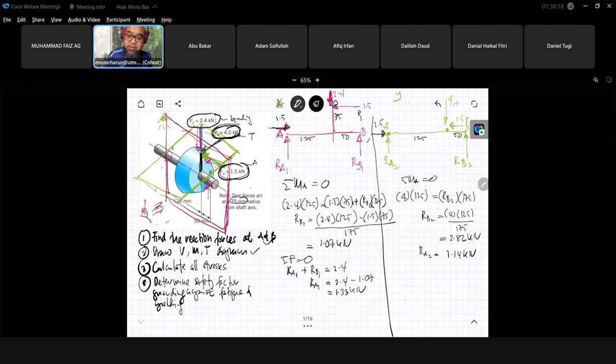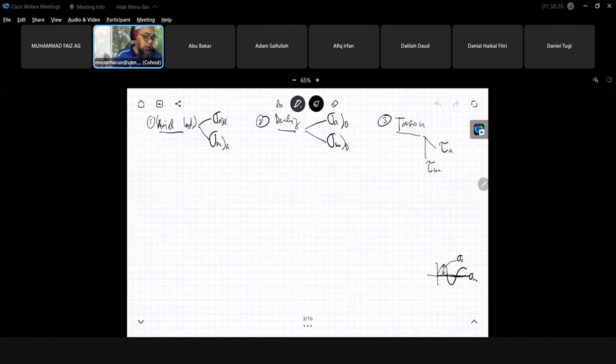Same as the axial loads. So there's no alternating stress, this is 0. Bending, yes, it has the alternating. For the torsion, it has no alternating. Just mean.